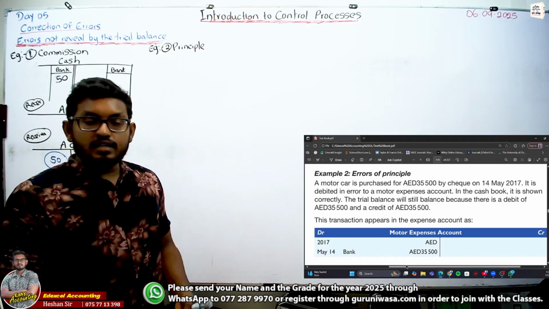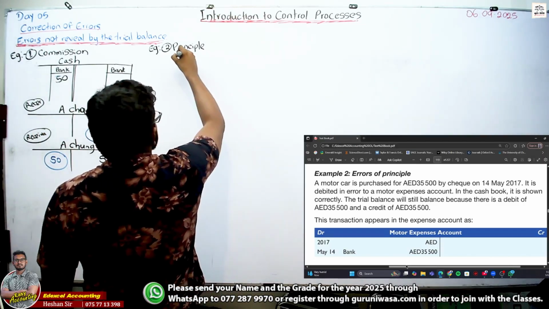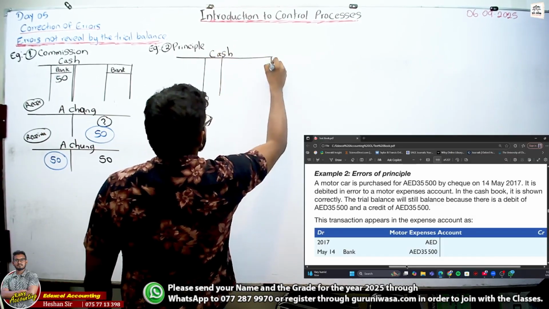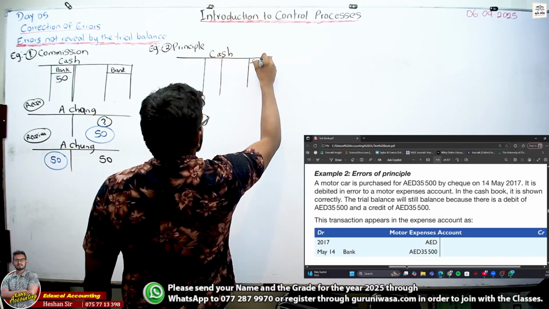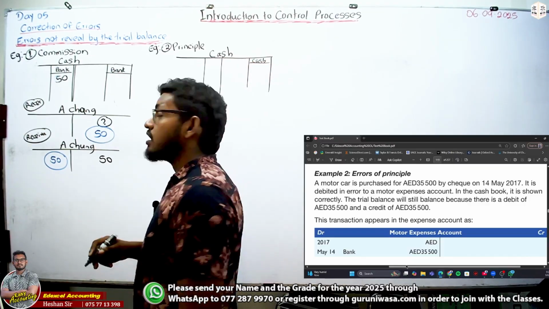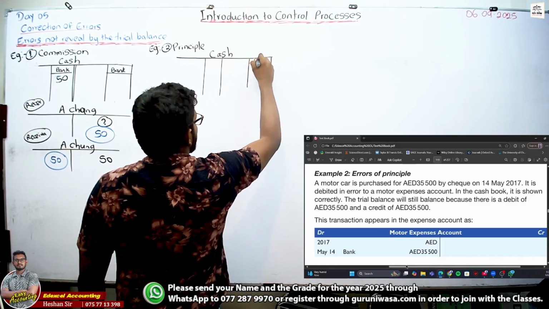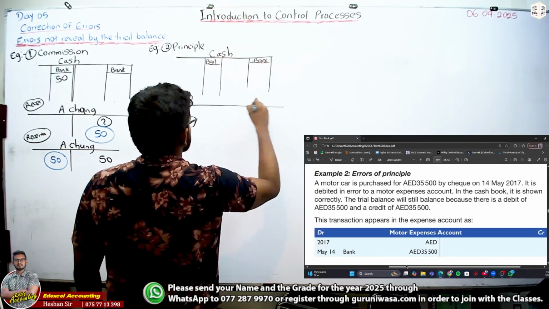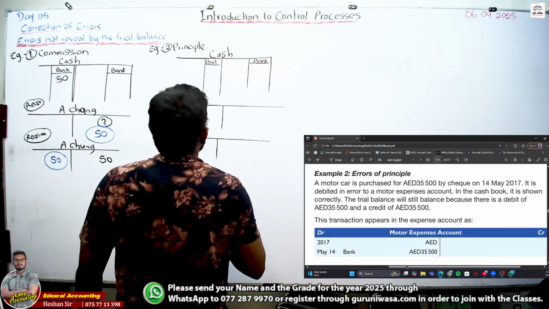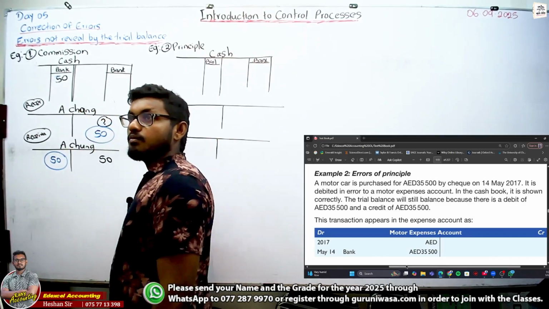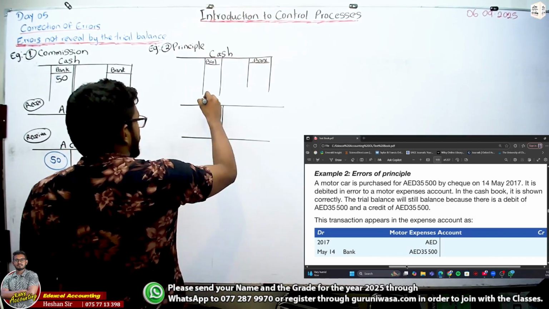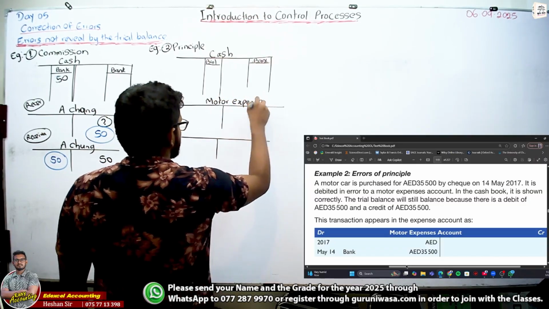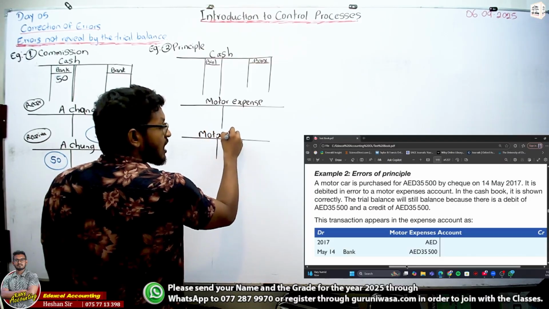The cash book is shown correctly. In the cash book, it goes to the cash column if we purchase using cash, but it's by check, so it goes to the bank. We recorded it in the motor expense account. This is an expense account. Motor car is an asset account.